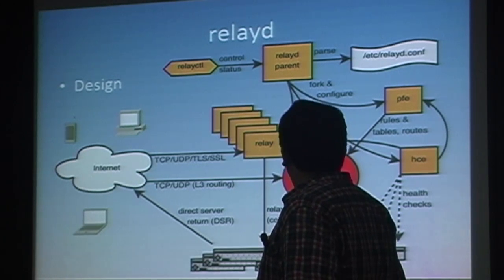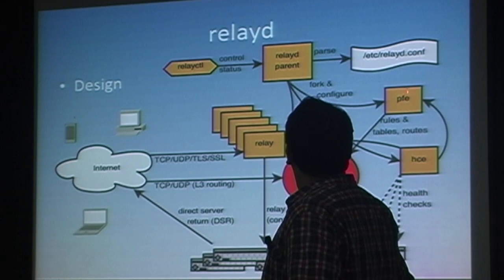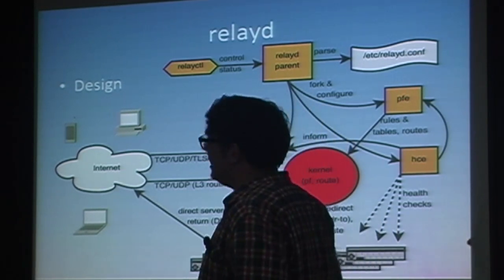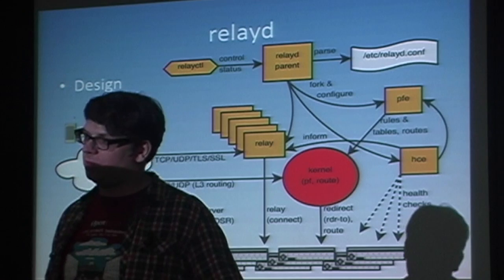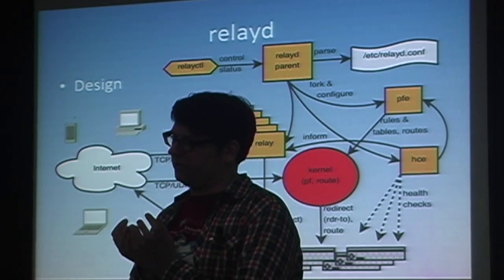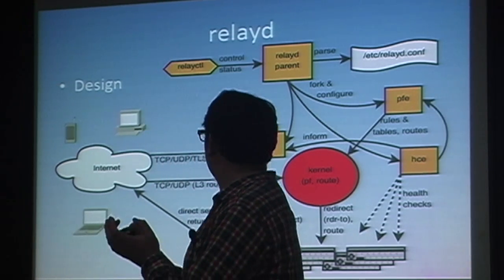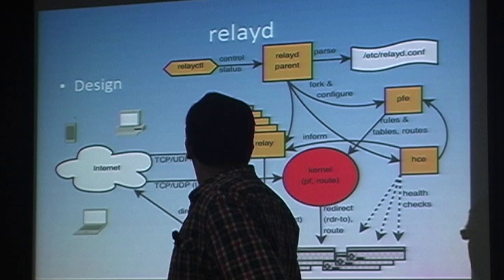And the configuration is based on PF tables, address lists basically, and there's a process called PFE, that's the PF engine. And PFE has all the required privileges to talk to PF, to the kernel, which is critical, right? So that's why it's separated.